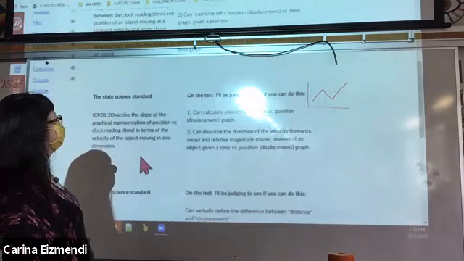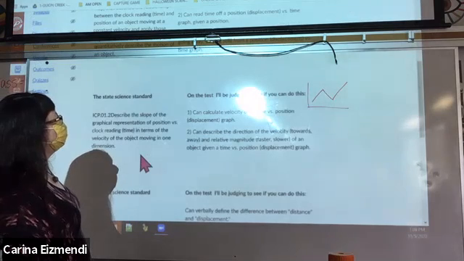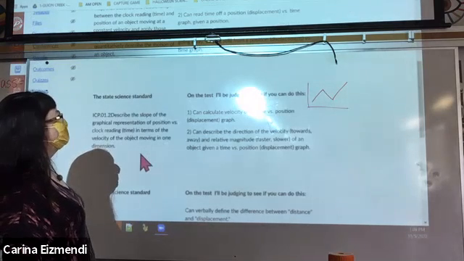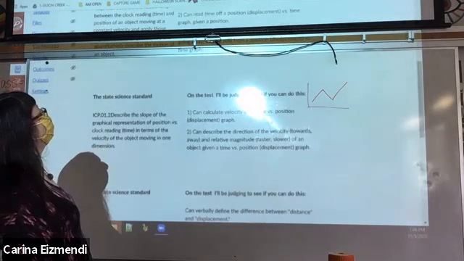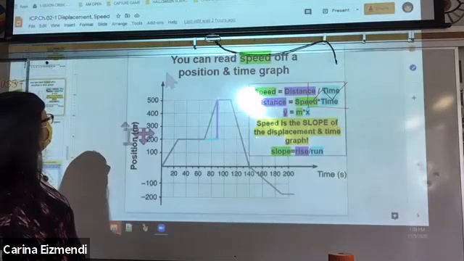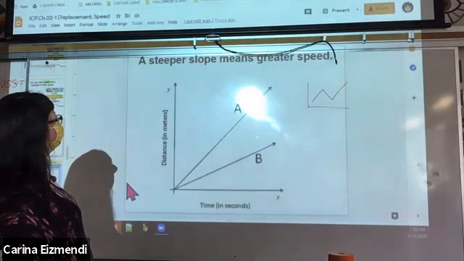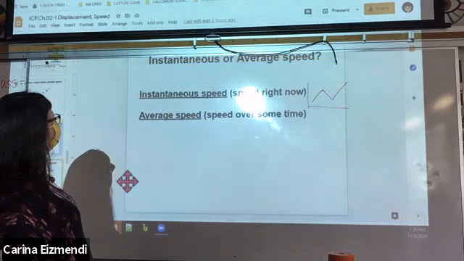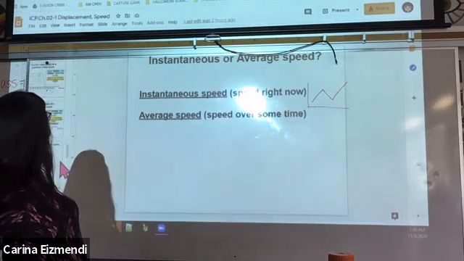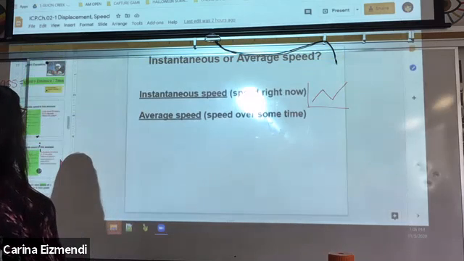So that's that one. Can you calculate velocity off of a time versus position? Okay, so this means, well, let me see, because we didn't even talk about displacement. Yes, we did. I just changed some of these slides.